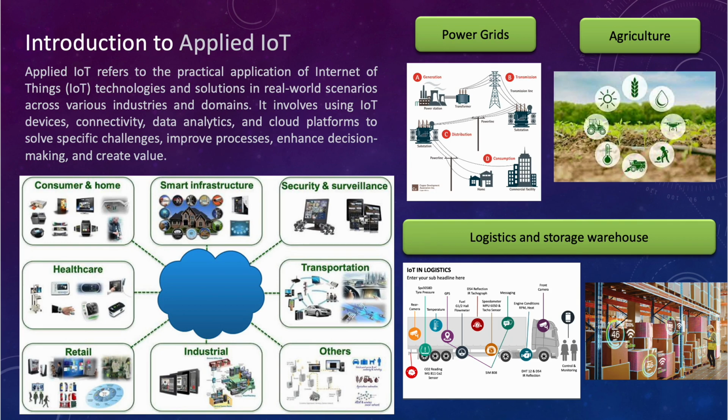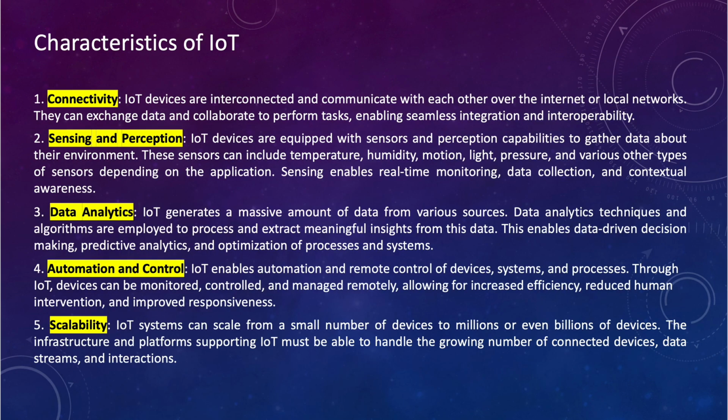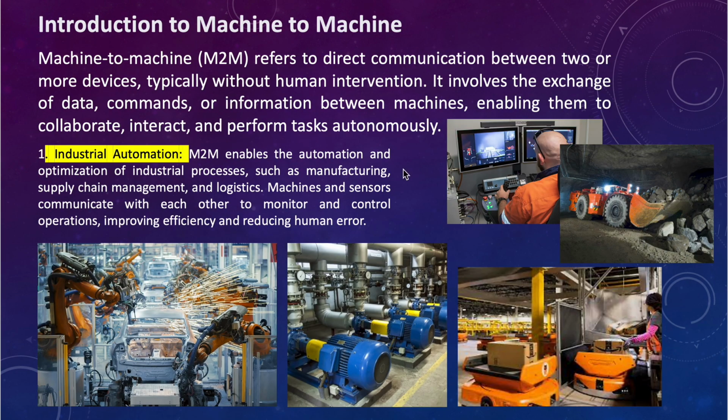And this is what is being expected in M2M, or machine to machine functions, right? Machine to machine refers to the direct communication between two or more devices, typically without human intervention. That is the normal sense of things.